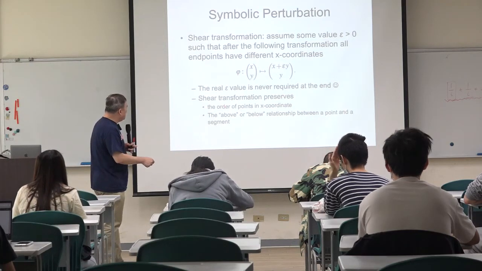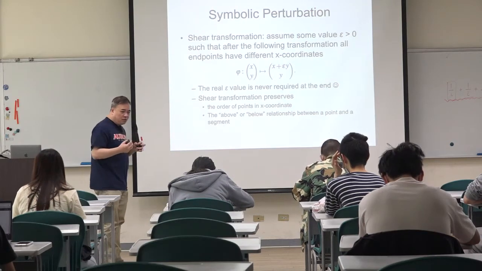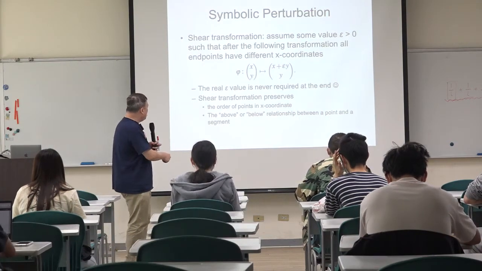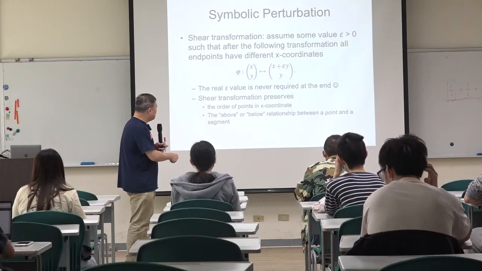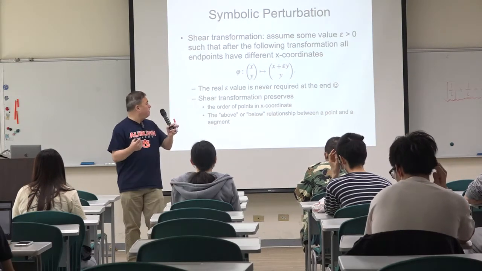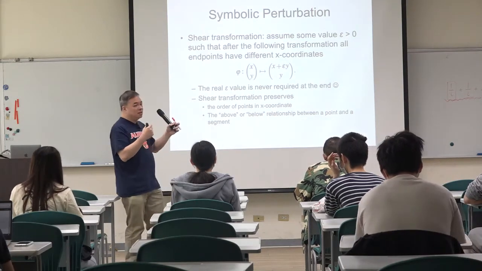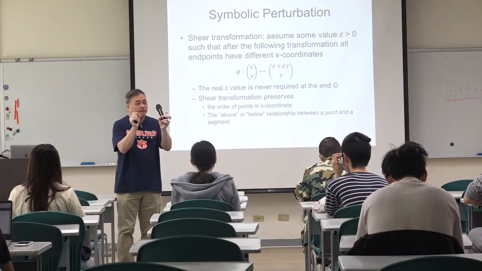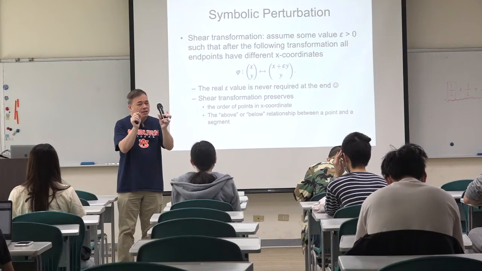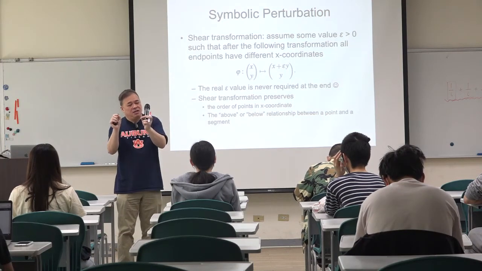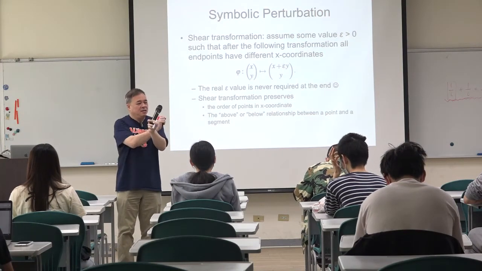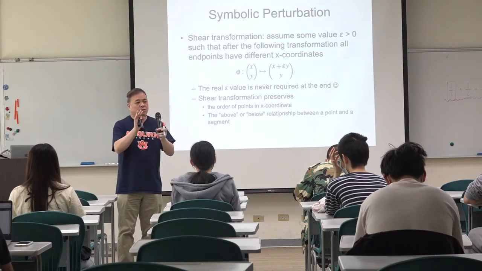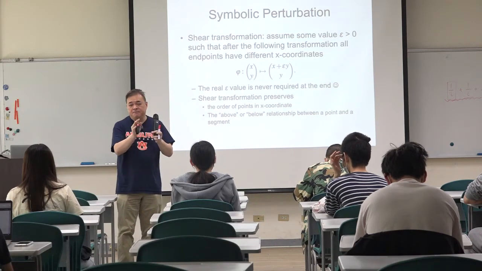Okay, so this shear transformation preserves the following two things, which are important. The order of points in x coordinate. So if your two points have different x coordinates, after the transformation, their left and right relation will still be the same.